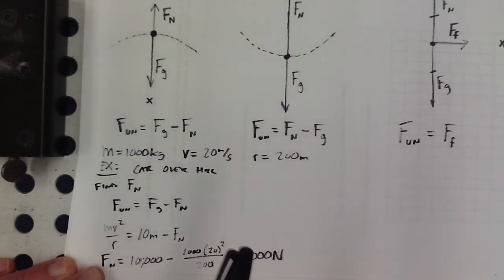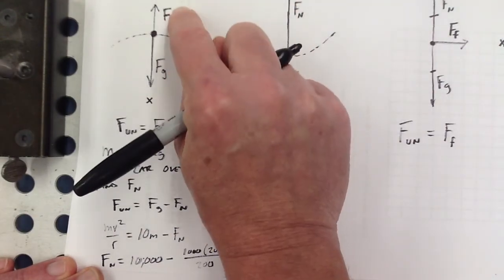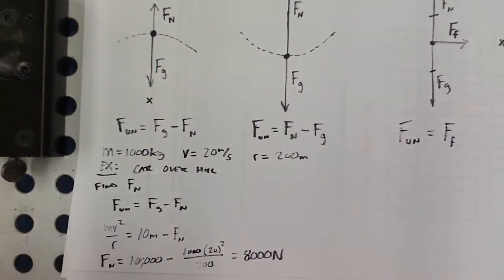And that's about what we should have expected, right? This is 10,000 here, and this is 8,000. There's less. So what does that mean? Well, it means if you're a passenger in that car, you feel a little bit lighter than you usually do.